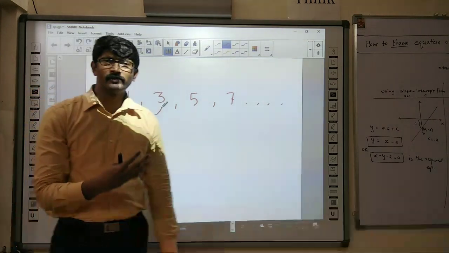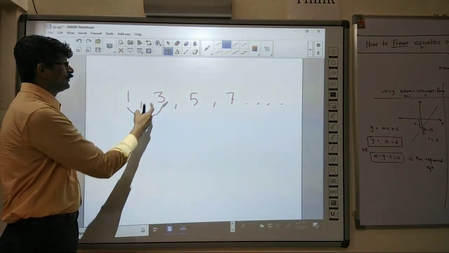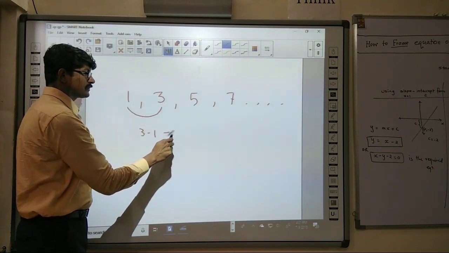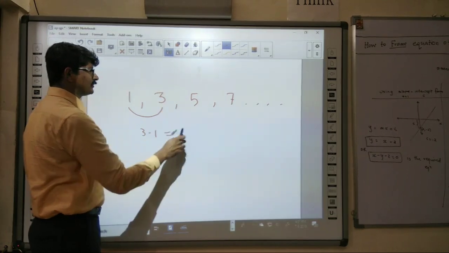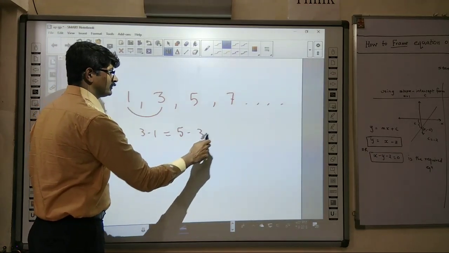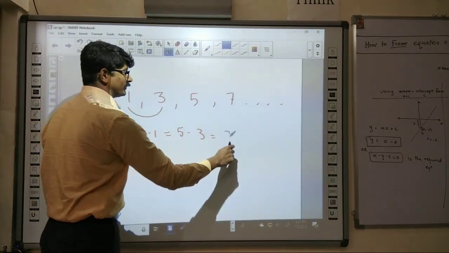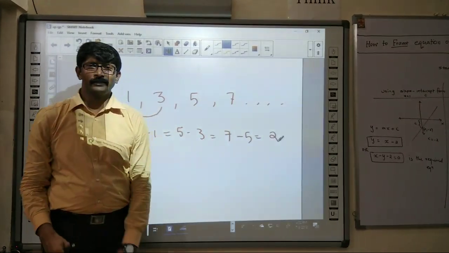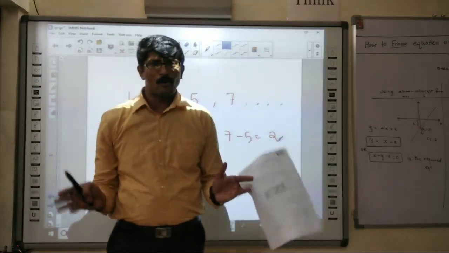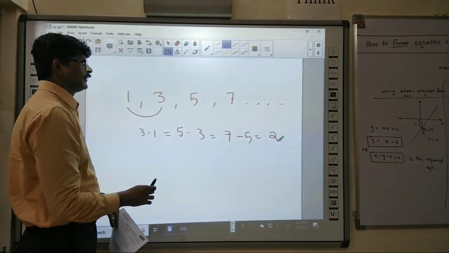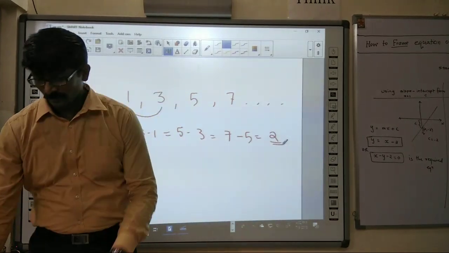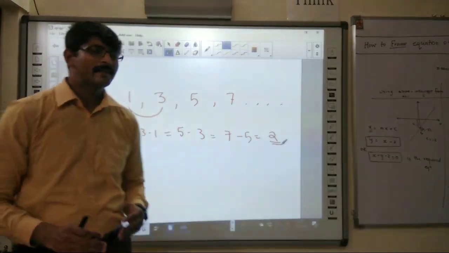And what is that common thing between them? If we check their differences, like 3 minus 1, which is the same as 5 minus 3, which is the same as 7 minus 5, isn't it? And that is 2. So student, if the common difference is the same, then that sequence is called an AP.